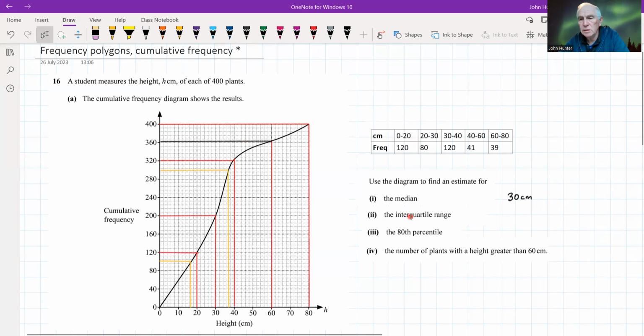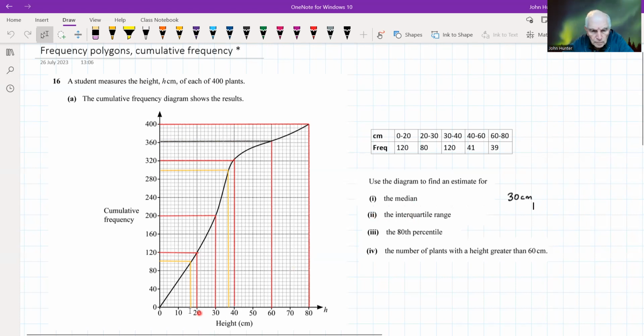But one of the things we tend to be interested in are the quartiles. So that'll be the 25th percentile. So 25% of the way through our 400, in other words, 100. And the 75th percentile. And we call these the lower and the upper quartiles.